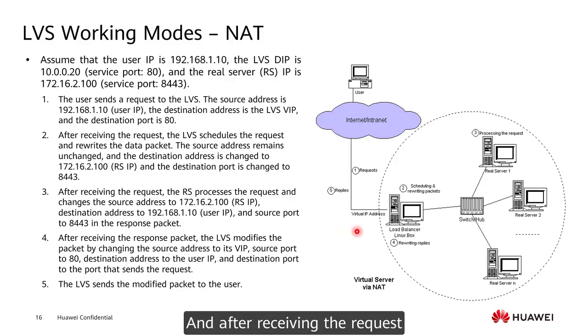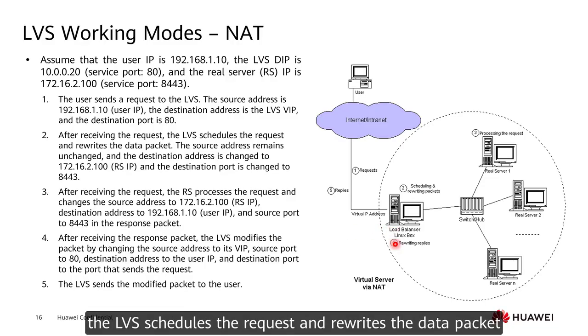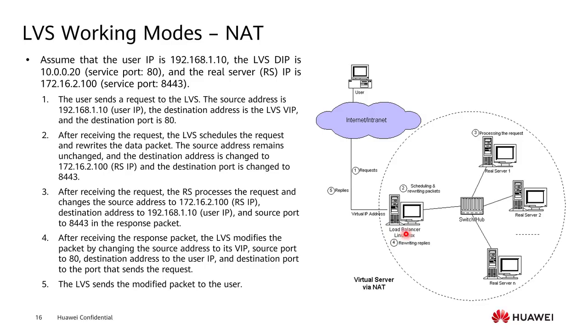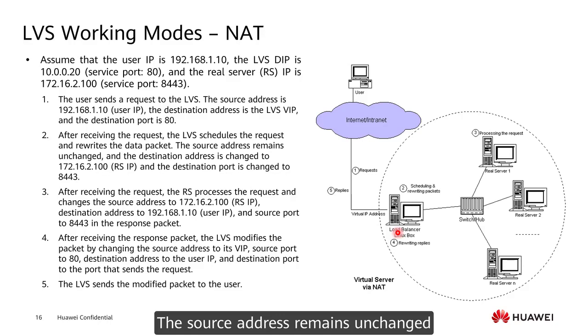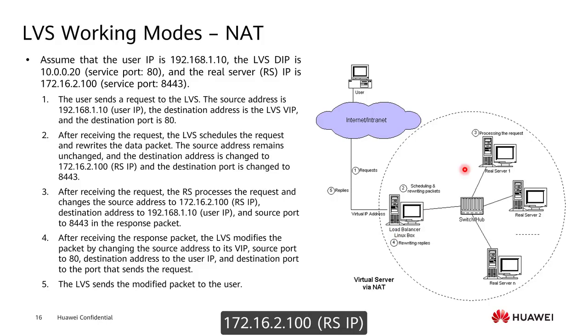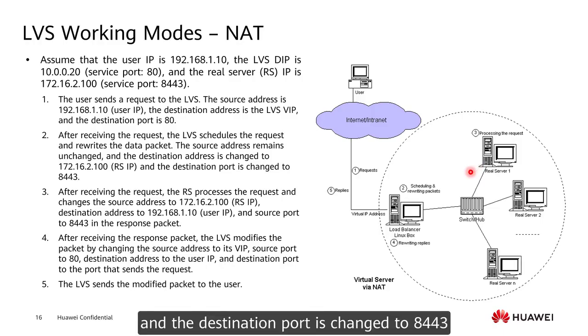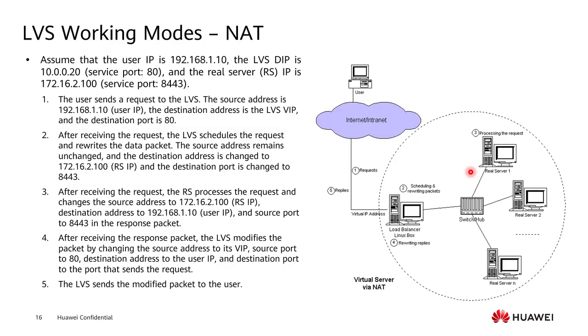And after receiving the request, the LVS schedules the request and rewrites the data packet. The source address remains unchanged, and the destination address is changed to 172 segment 2.100, that is the RSIP, and the destination port is changed to 8443.